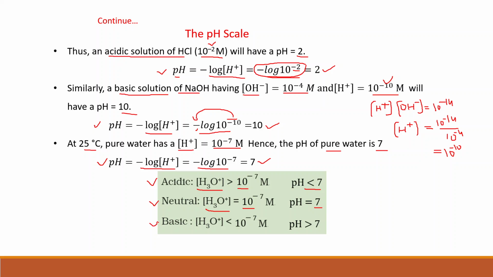In case of a basic solution, the concentration of hydrogen ion is smaller than 10 to the power minus 7, so pH will be greater than 7. Again, correlate concentration of hydrogen ion with pH: when concentration of hydrogen ion is lower, pH will be larger. Is it clear? And when concentration of hydrogen ion is greater, pH will be smaller.